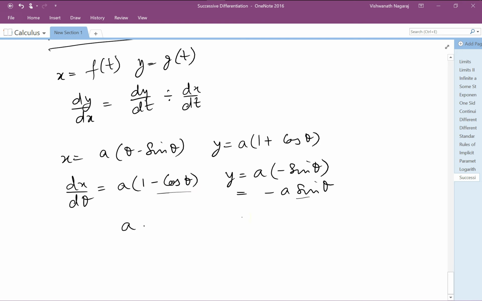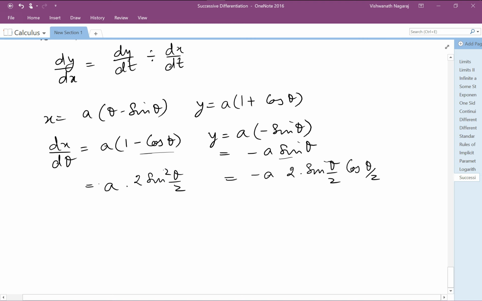Now one way in which we can write this is minus a times 2 sine theta by 2 cos theta by 2. Another way in which we can write 1 minus cos theta is a, as it is, 2 sine square theta by 2. Now if you are very comfortable with trigonometric identities, then only you will be able to figure this out. So now this is not y is equal to, this is dy by d theta.